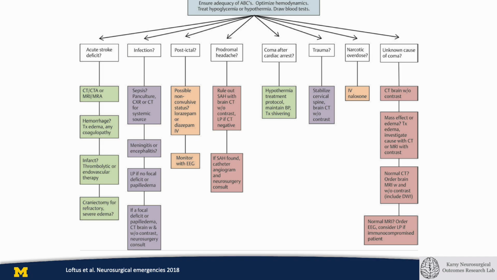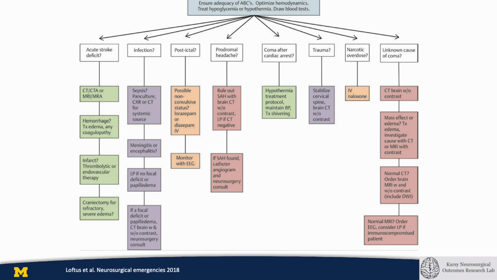For seizure, evaluation for status with anti-epileptic medications and EEG. Headache that might precede a subarachnoid hemorrhage will be evaluated with a CT scan. And coma after cardiac shock would have elevated troponin levels and would initiate a treatment algorithm to help with brain protection.